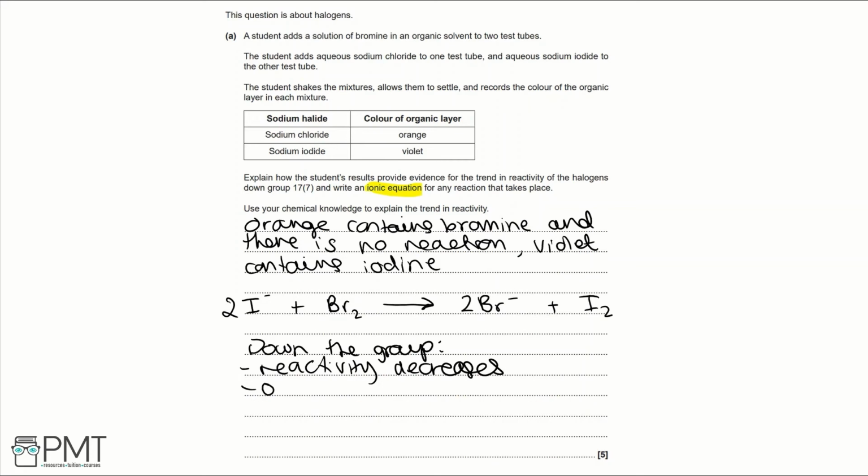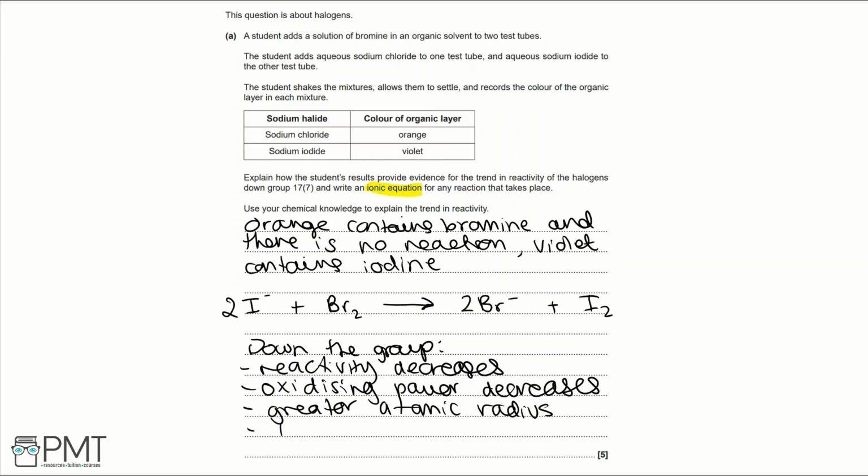The second bullet point is that the oxidizing power is going to decrease, which we can see in this ionic equation because iodine, which is lower in group 7, is not oxidizing bromine, it's reducing it, so its oxidizing power is decreasing. Also, there's a greater atomic radius as you go down the group, and that's going to mean that there's going to be less nuclear attraction as you go down the group because of this bigger atomic radius.